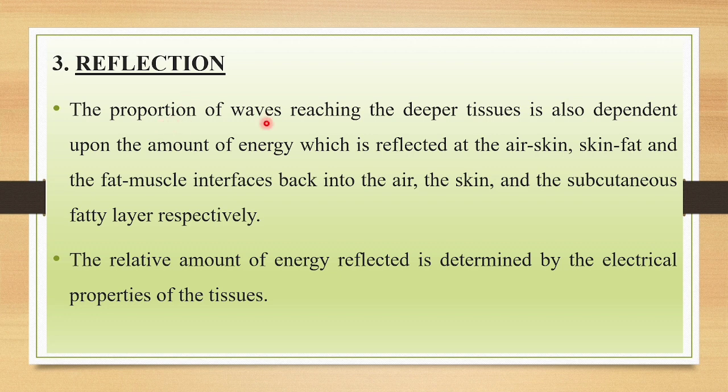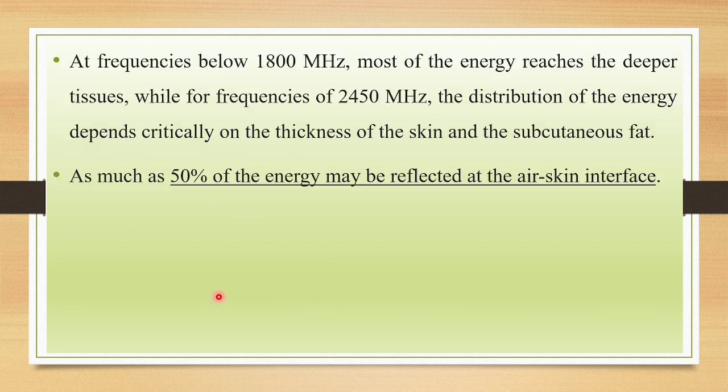The proportion of waves reaching the deeper tissues is also dependent upon the amount of energy which is reflected at the air-skin, skin-fat, and fat-muscle interfaces, back into the air, the skin, and the subcutaneous fatty layer respectively. The relative amount of energy reflected is determined by the electrical properties of the tissues.